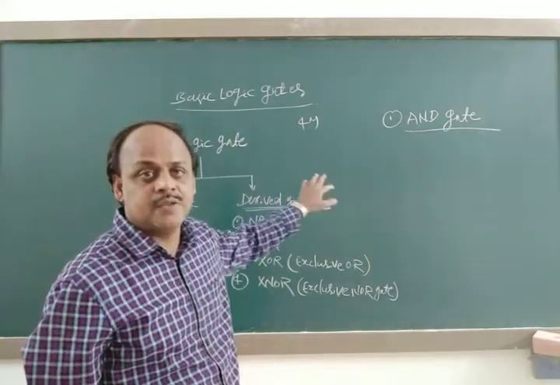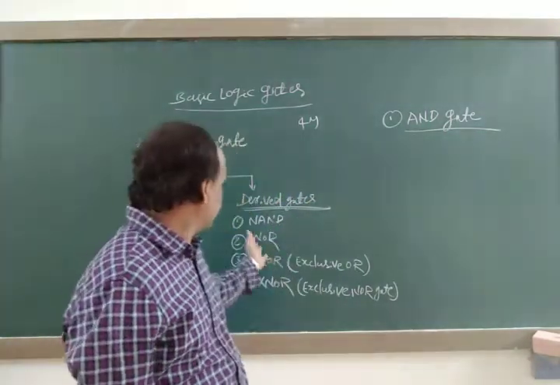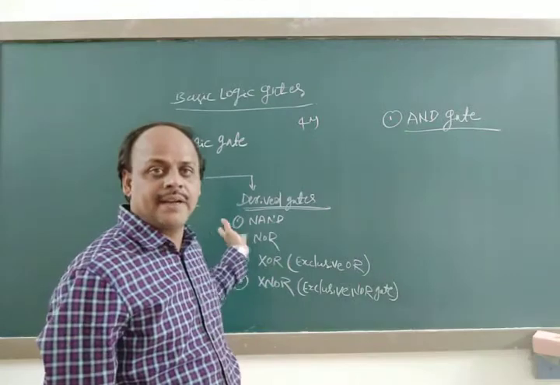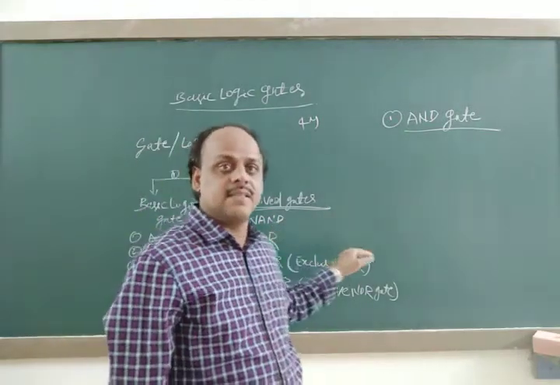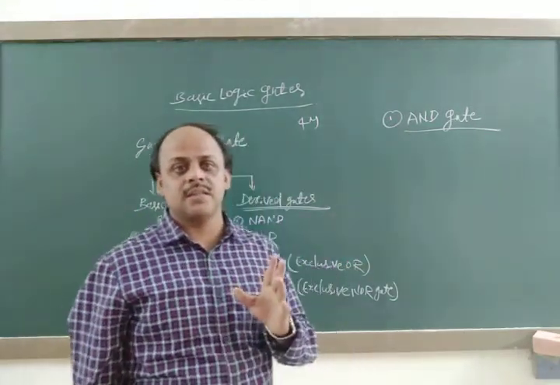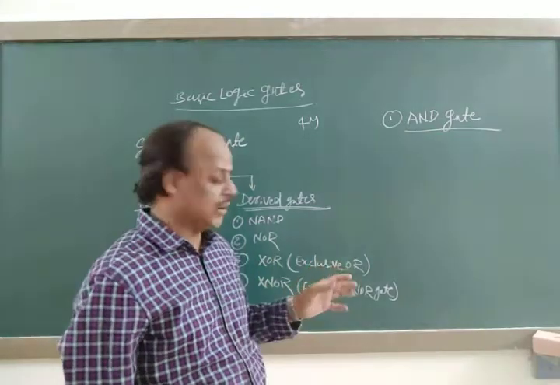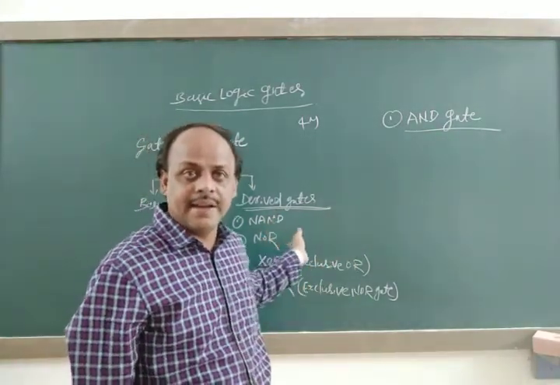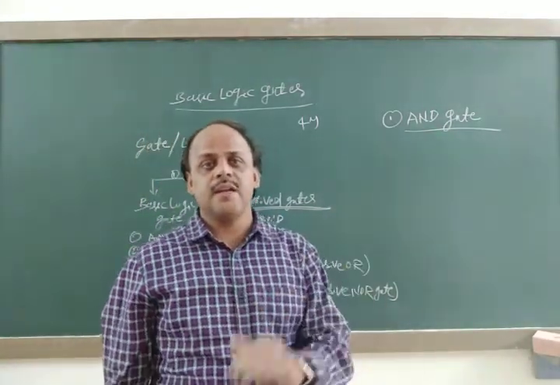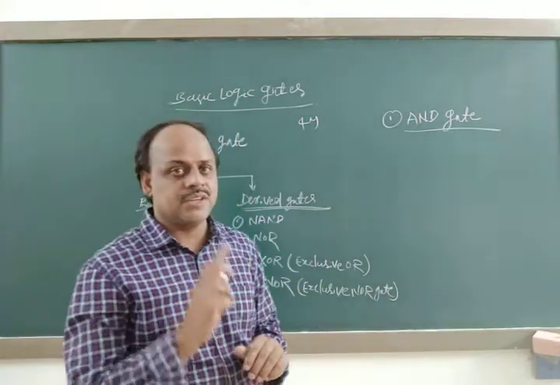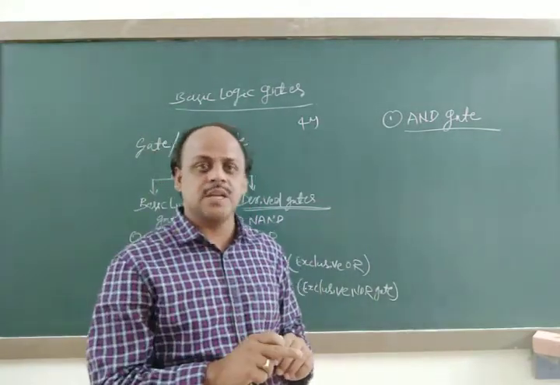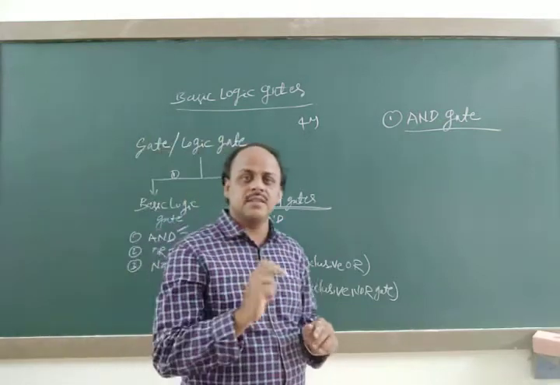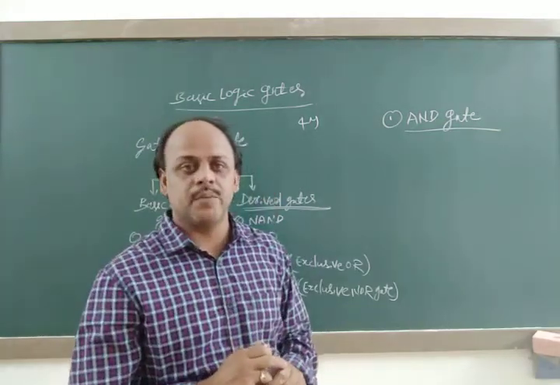For 1 mark, he is going to ask define NAND gate, NOR gate, OR gate, anything. As well as he is going to ask for 3 marks, for example, define AND gate with truth table and logic diagram. For the definition 1 mark, for its truth table 1 mark, for its logic diagram also carries 1 mark.